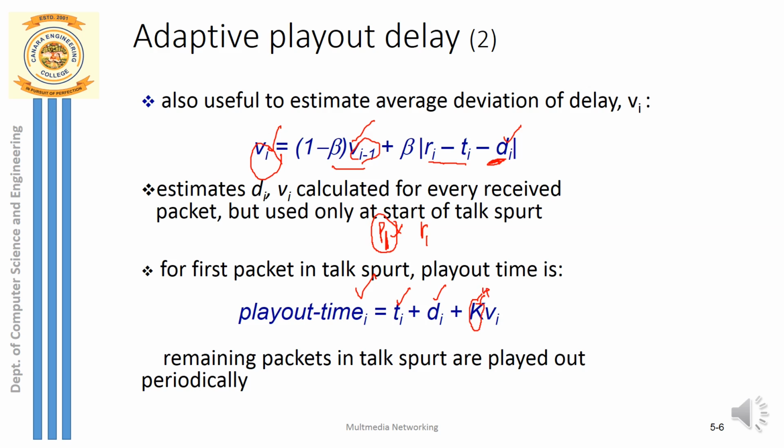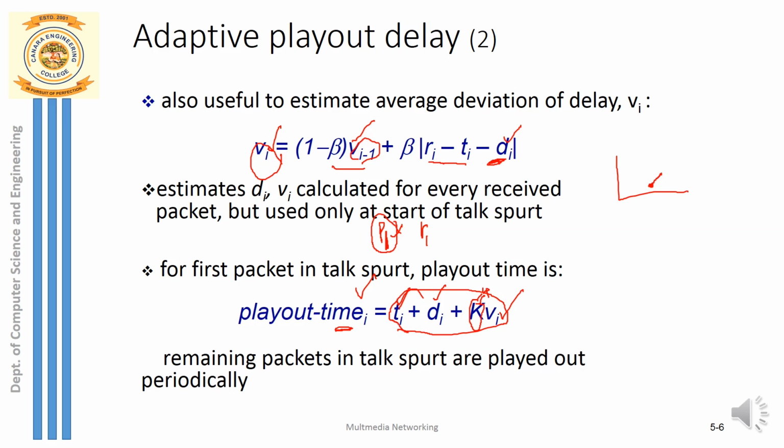So by doing this, you have already calculated the variance and the average, and you know the first packet's sending time. Based on that, you are now fixing your playout time. In your graph, that playout time is the time at which you have to begin the playout at the receiver side.